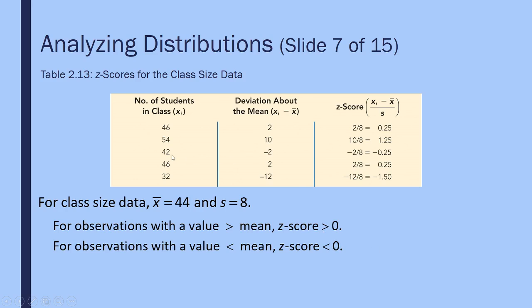As you can see, the observation 42, and take note the mean is 44, has a z-score less than 0. So the observations with negative values are 42 and 32. These values are lesser than the mean of 44, so they have a negative z-score.